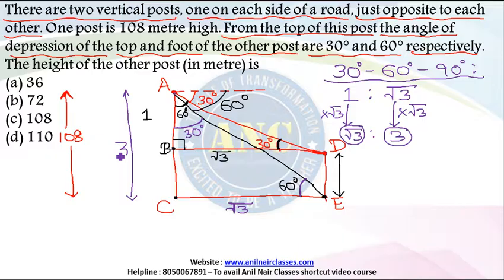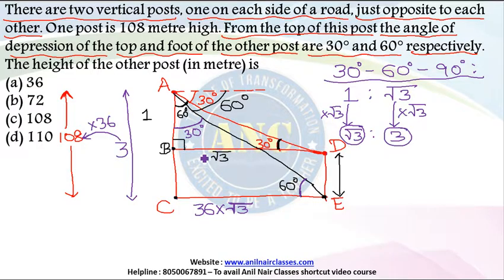Entire AC is 3 according to ratio, but according to the question it is 108. 3 should become 108. 3 into which number is 108? 3 into 36 is 108. That means, can I say like this, sir? This entire value, if it is multiplied by 36, this value also should now be multiplied by 36.